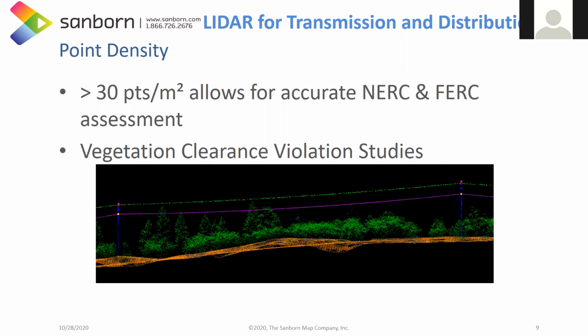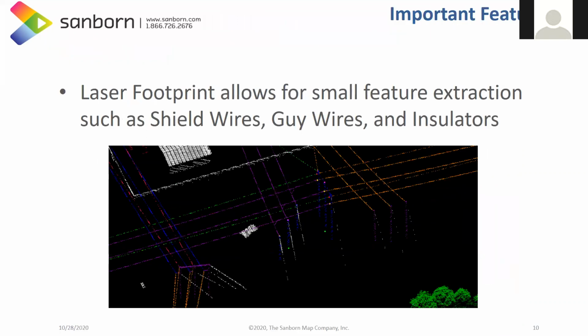One of the most important applications of aerial LiDAR or UAS-based LiDAR studies in the case of transmission and distribution lines is vegetation clearance, or the vegetation management study, that I will show you in the subsequent slides. Also, the laser footprints allow for small feature extraction, such as shield wires, guy wires, and insulators, as you can see in this particular slide.